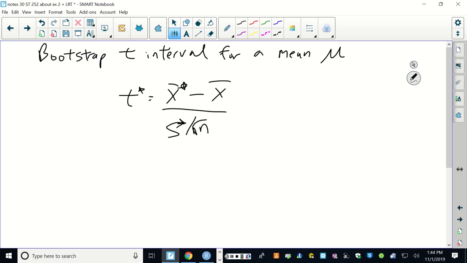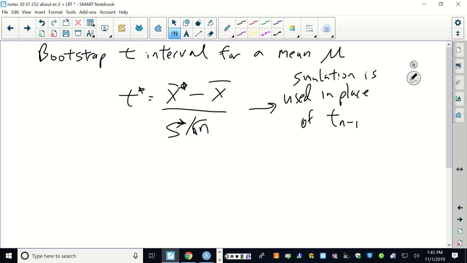Right? And so this was used, so simulation is used in place of the t n minus 1 theory distribution.